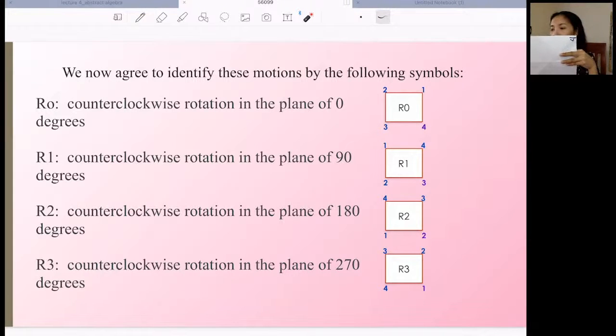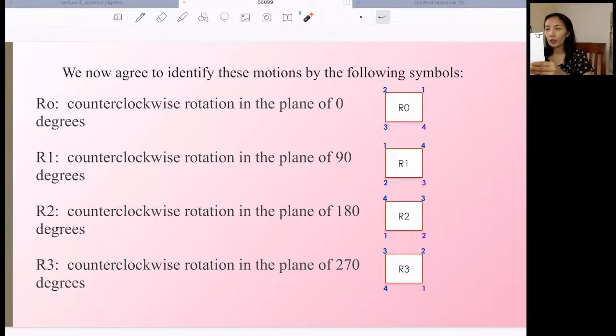Again, the original position was like this. This is R0. And then R1 means counterclockwise rotation by 90 degrees.